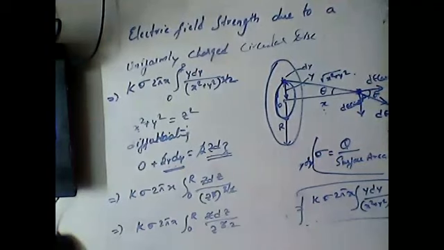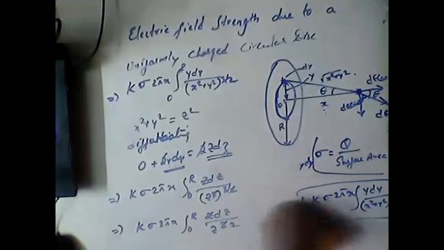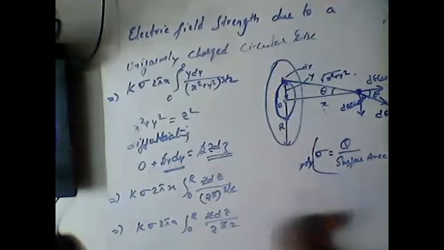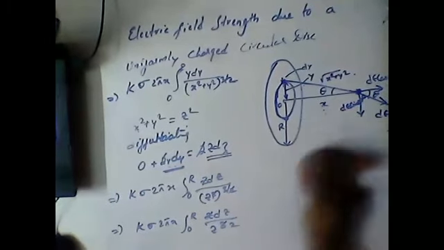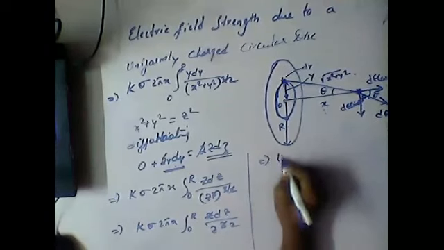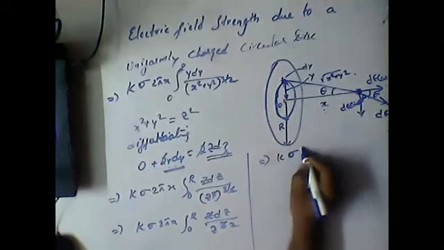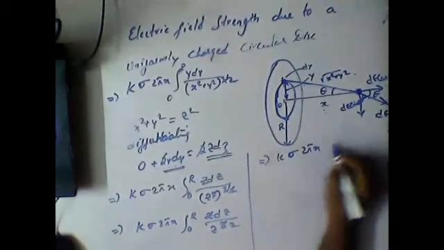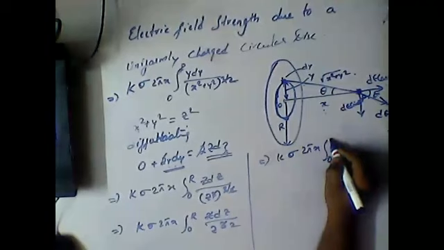So z dz by z cube becomes dz by z square. We can write the term k sigma 2 pi x, with limits 0 to r.